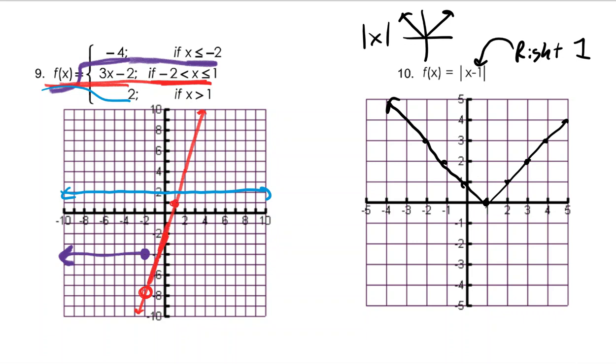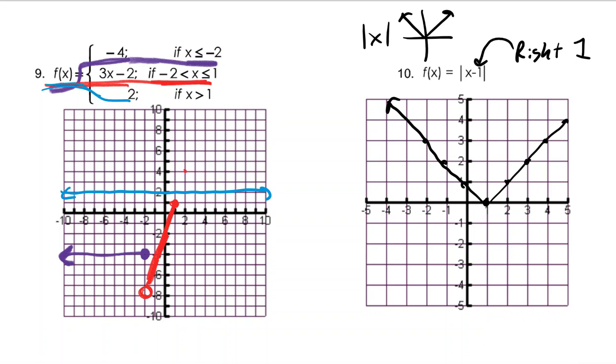And then it should be all of the stuff in between those x values. But nothing to the left of that one, nothing to the right of that one. Only between -2 and 1 should that piece of the function exist. So I'm really just erasing parts of my answer here.